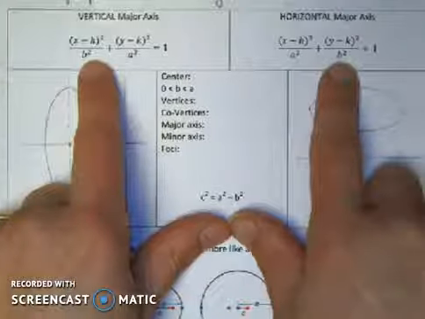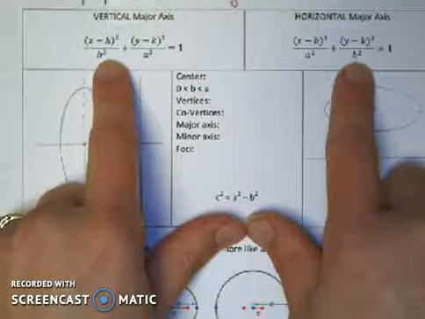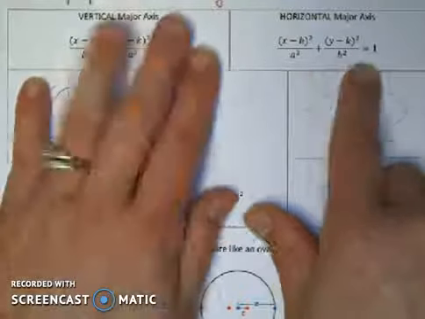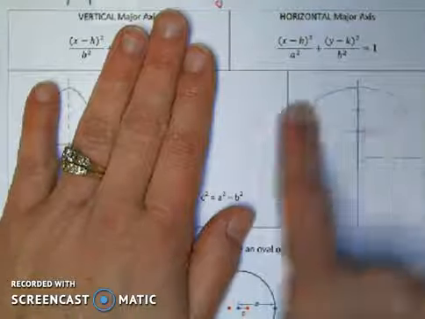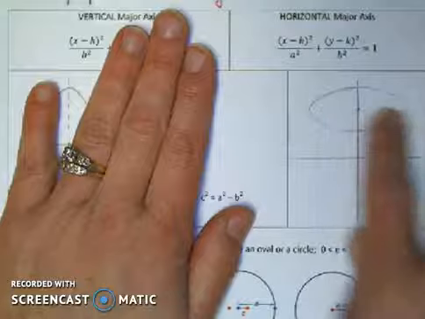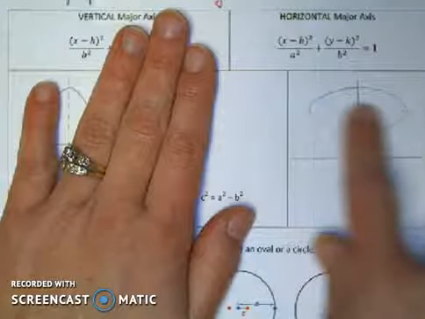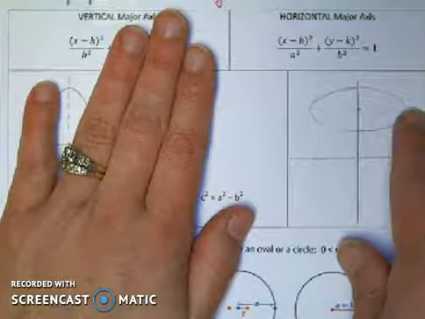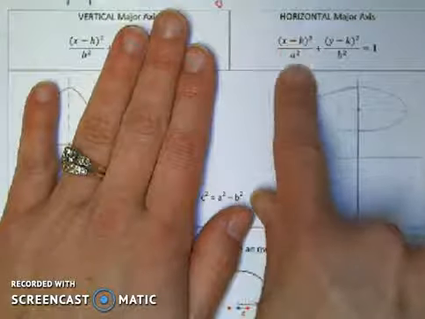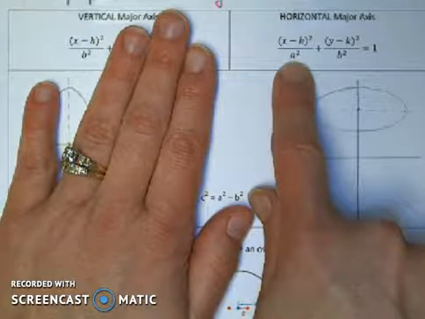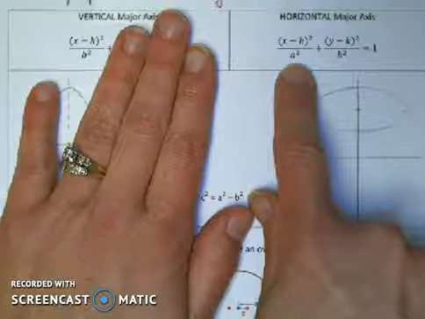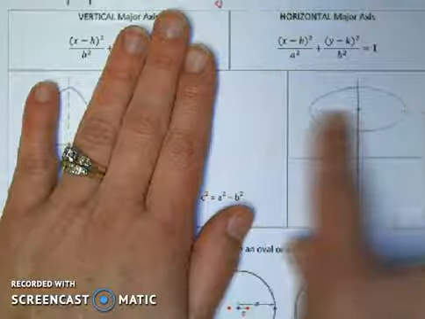Now let's play with the horizontal first. Horizontal is your x-axis. And if it is more horizontally oriented, longer going on the horizontal axis, the major axis, then that a is going to be under the x. That a is going to be the distance of the major axis. 2a is the major axis.